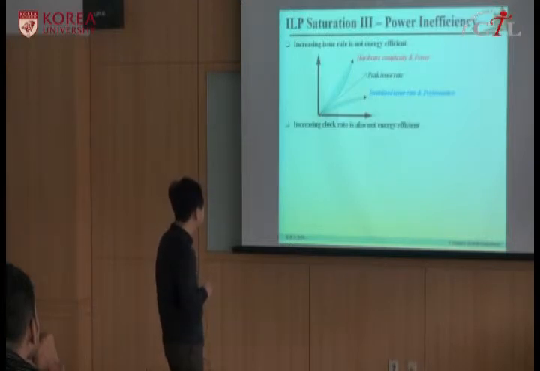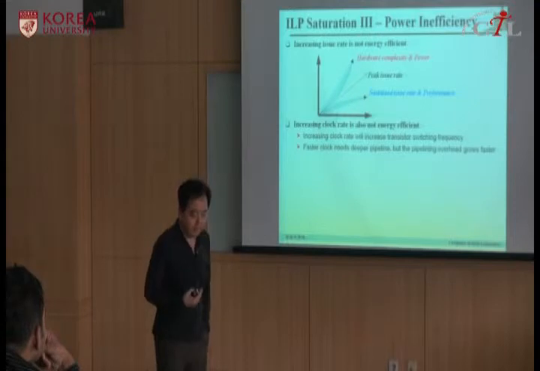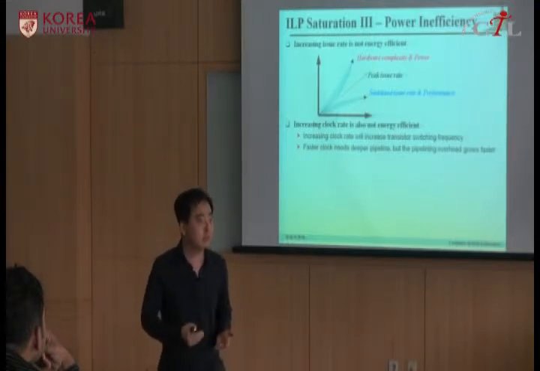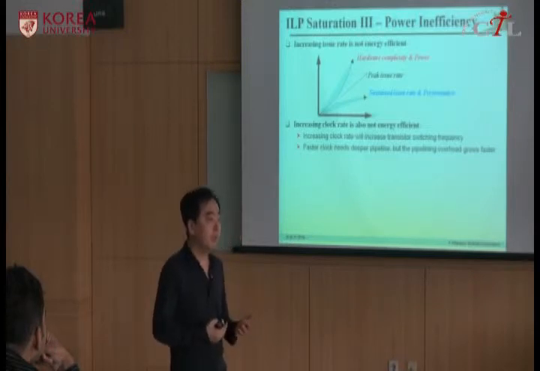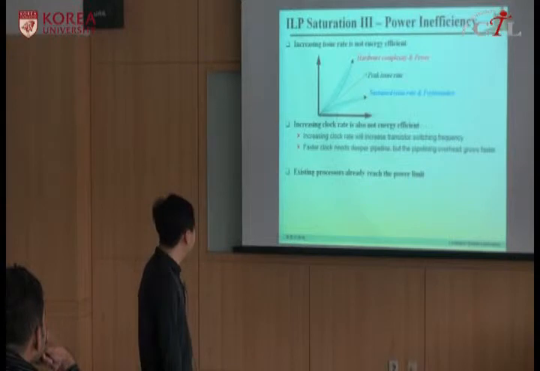Increasing clock rate is also not energy efficient because it increases transistor switching, and a faster clock requires a deeper pipeline. Pipelining has overhead. It decreases your IPC because you have to cancel more instructions in the pipeline whenever you have a misprediction or exception.